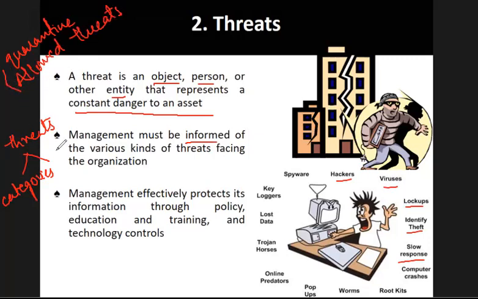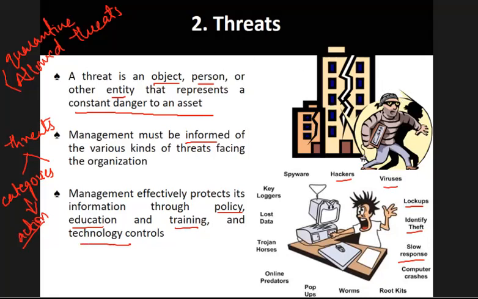Based upon this category, it is going to identify what action needs to be taken to safeguard the organization, whether you're going to delete the files or quarantine those threats. Based upon this, the action can be implementing a particular policy, educating the people within the organization, giving training, and providing different technology controls.